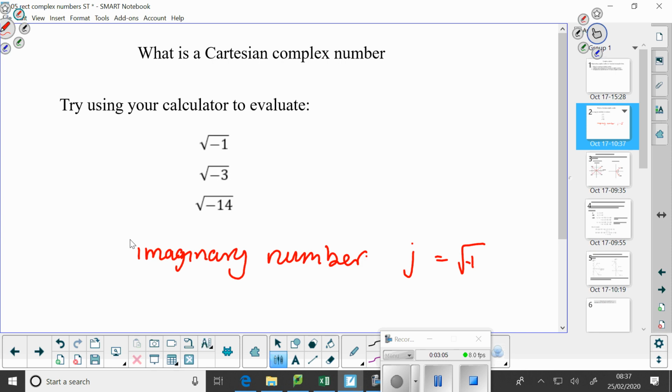Alright? So you'd represent these complex roots as j, or 1 times j. This would be 3j, 14j.